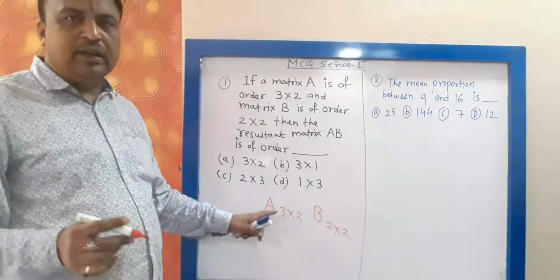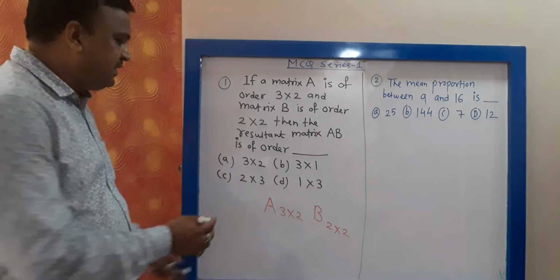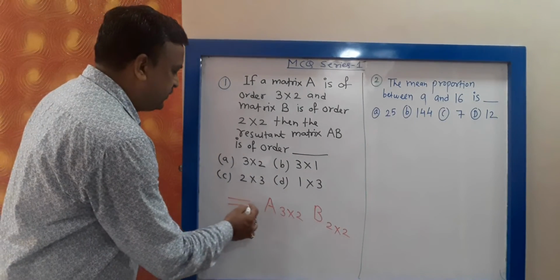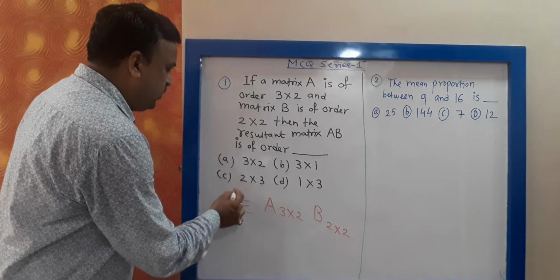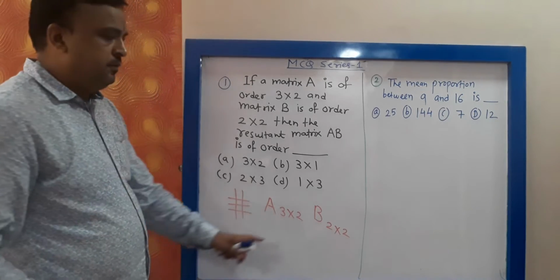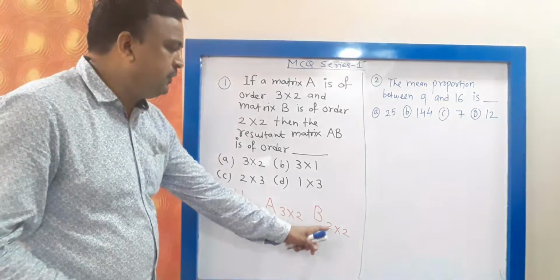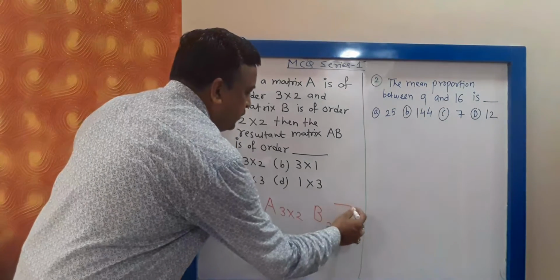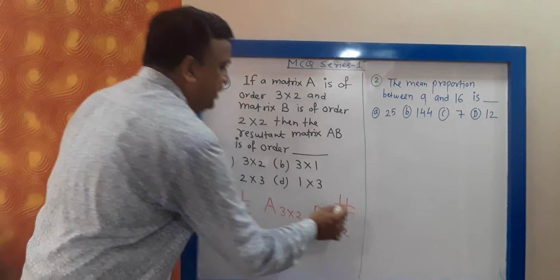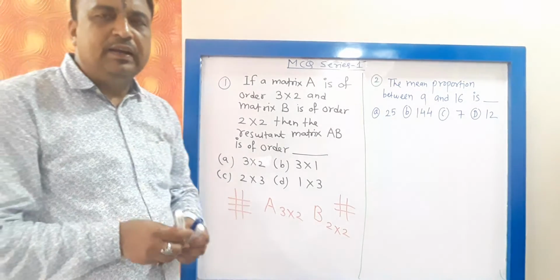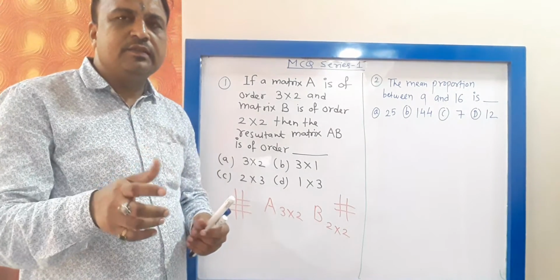A is of order 3 by 2 means A has 3 rows and 2 columns. B is of order 2 by 2 means B has 2 rows and 2 columns. So how do we find the order of a matrix?